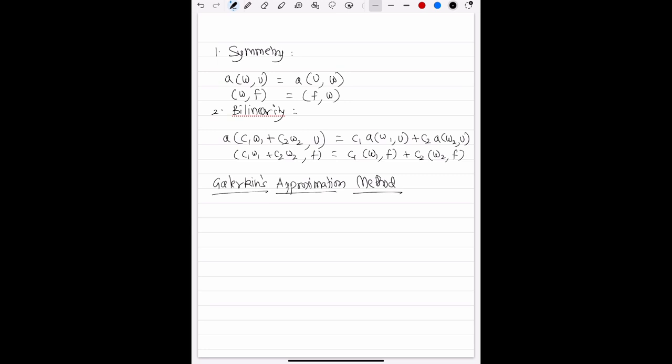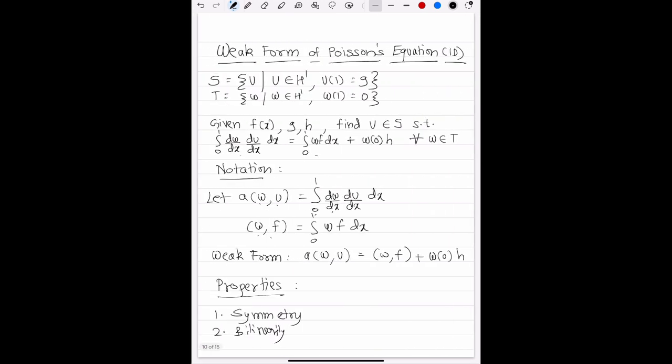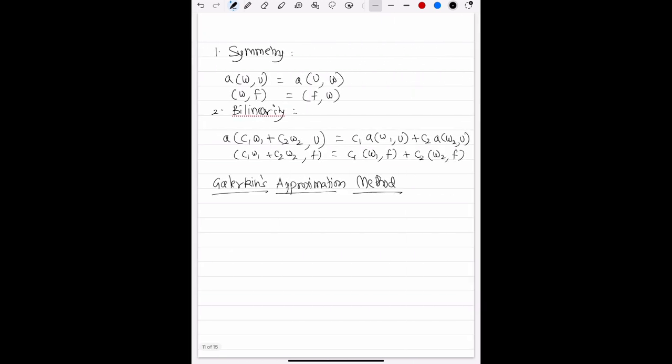In the original weak form, we are looking to find a solution u belonging to the solution space S and a test function w belonging to the test function space T. But the problem is that both these function spaces S as well as T are infinite dimensional function spaces. So in the discretization, we consider a finite dimensional subspace of both these function spaces.